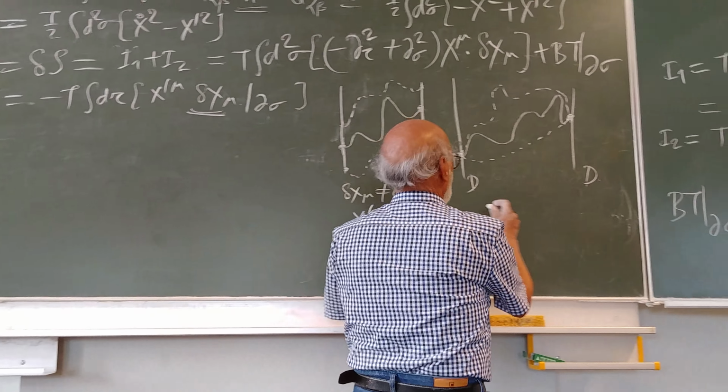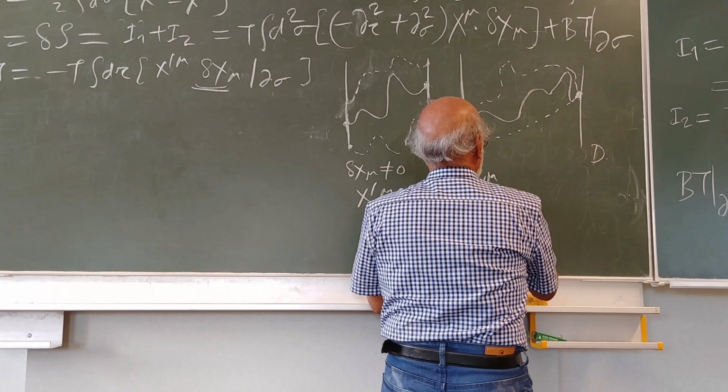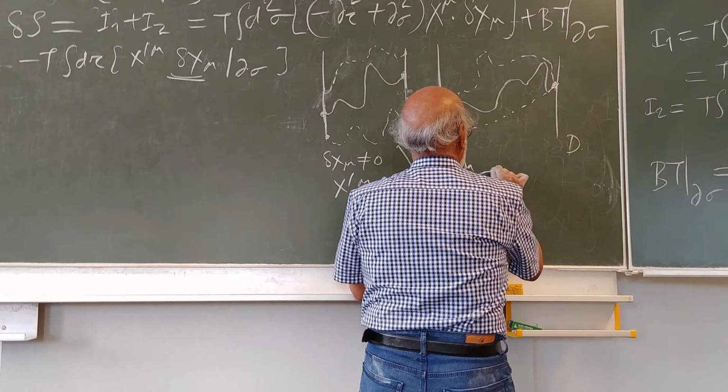Here I say x mu at 0 is a constant, x mu at L or 2 pi is also a constant, which is different from this, and therefore delta x mu at 0 is 0, delta x mu at 2 pi is also 0. This is the Dirichlet boundary condition.